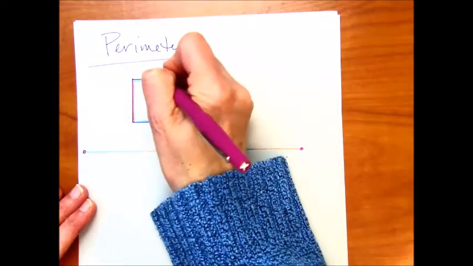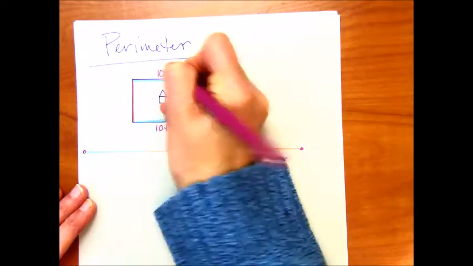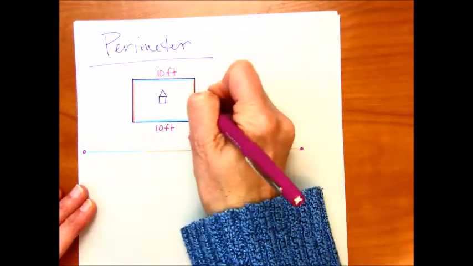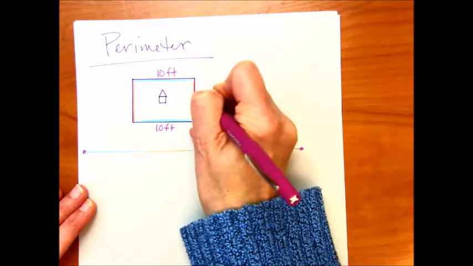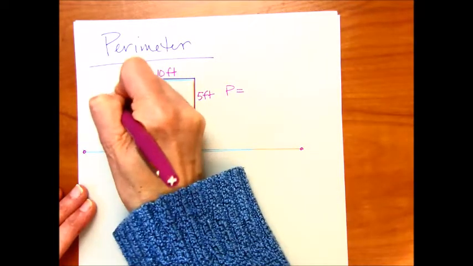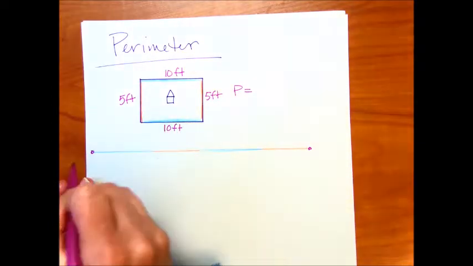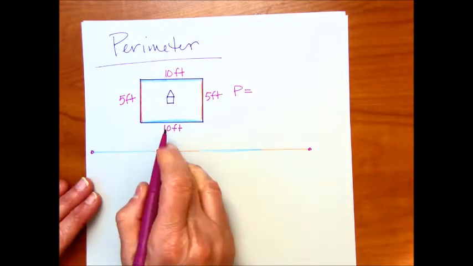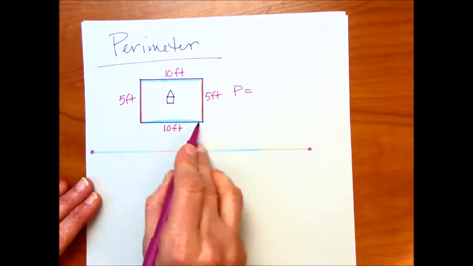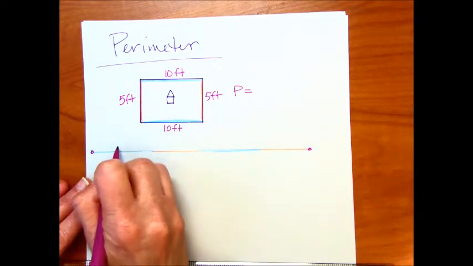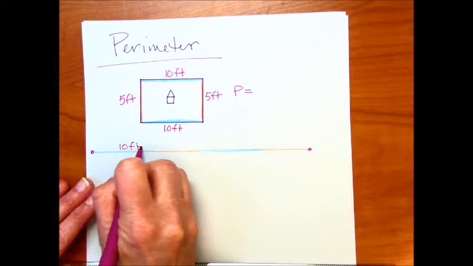So if we say I had 10 feet here, and let's make this 10 feet as well, and then let's say this is 5 feet, and again we'll have 5 feet here. Now clearly, we're talking about a miniature house. You can see that from here to here is 10 feet.